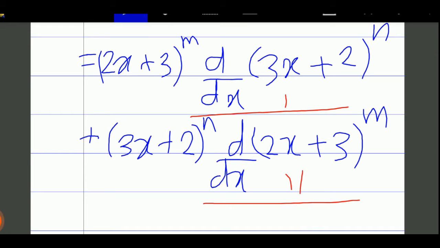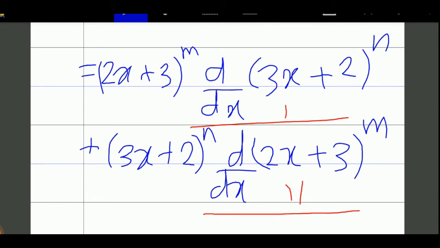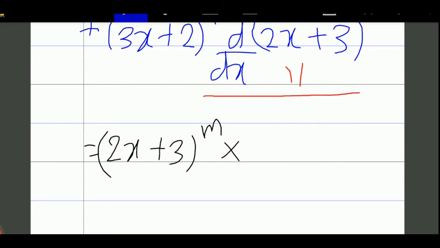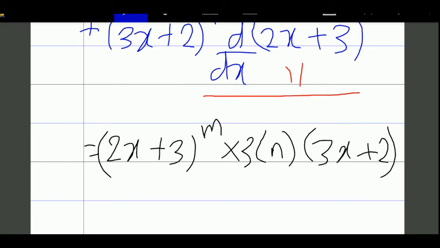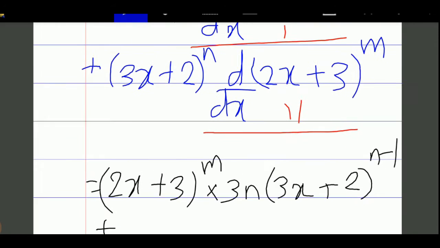So differentiation of this first term is, as I solved before, that we first multiply: (2x + 3)^m into 3n into (3x + 2)^(n-1). Now for the addition, we have to differentiate the second term.